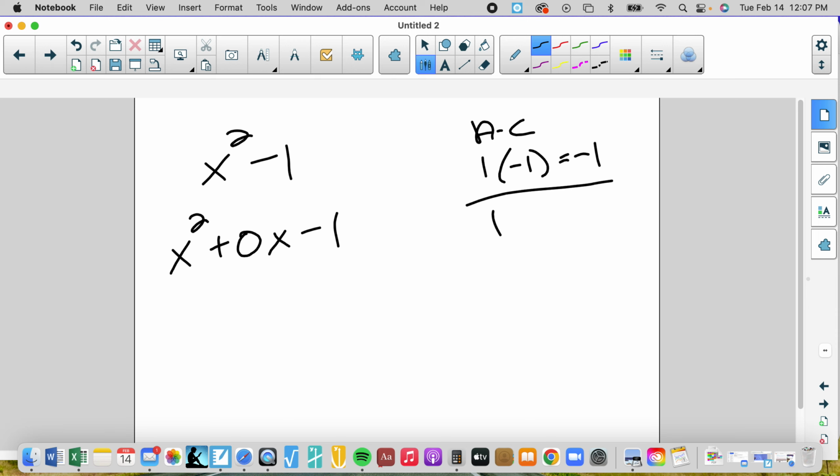Factors of 1 are 1 and 1. Signs are different. And the bigger is positive. Well, Mr. Mack, 1 and 1 are the same. No one's bigger. Okay, well, we're going to have to associate. We're going to have to just put the positive sign with one of them, and we know our signs are different. Notice this still equals my middle.